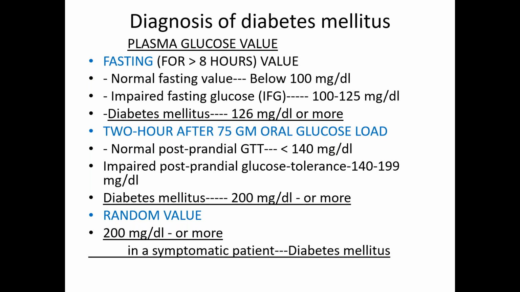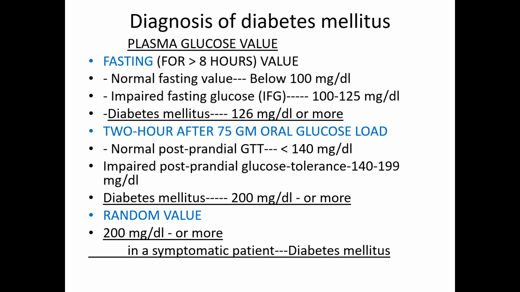So if it is between 100 to 125 milligrams per deciliter, then you should call it impaired fasting glucose level, that is impaired glucose tolerance. This condition, within a few years, may lead to frank development of diabetes mellitus.